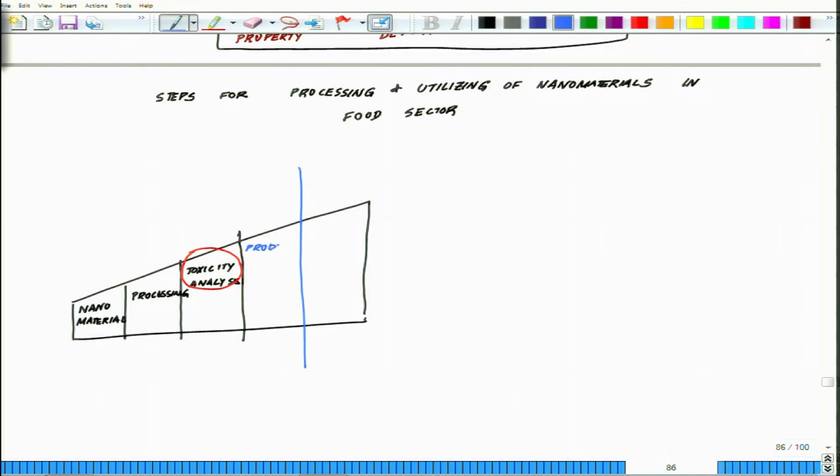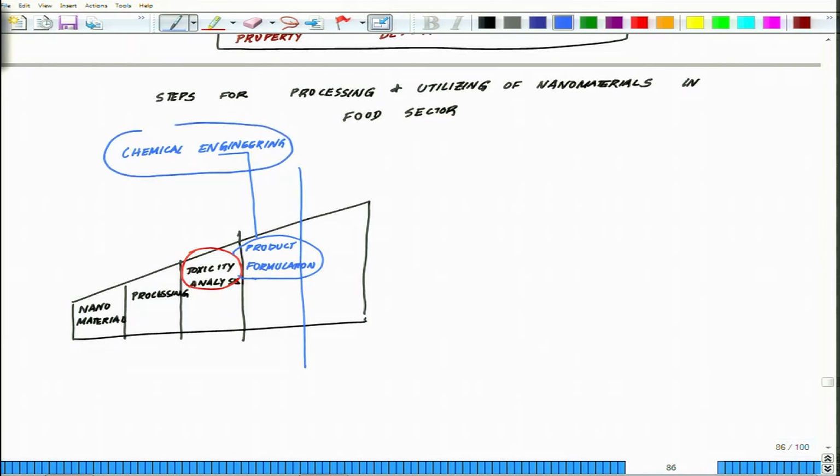Then the product formulation, this part is extremely important, how you are going to deliver it. This is a big area of chemical engineering, food chemical engineering, and biochemical engineering. The formulation is the form in which you are going to supply it.